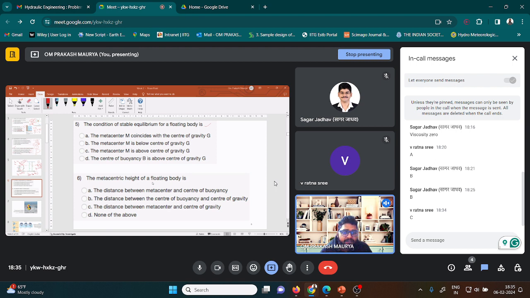You can also write in the chat box whether the metacentric height is possible in the case of a submerged body, that is, a completely sunk body. Please write your yes or no. Just type, or you can also speak.